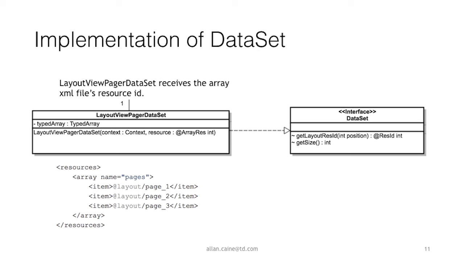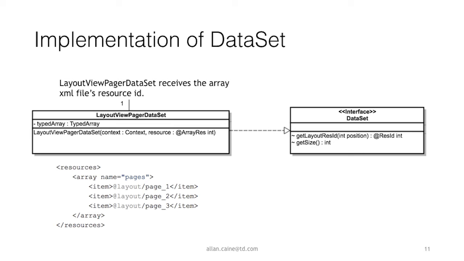When we look at the bottom layer, the LayoutViewPagerDataset, which implements this dataset interface, will concretely take a resource array, and it's just an integer, which is the integer that is allied to this array. And what will then happen is it turns out that it's a very easy business, given the context, for the pager dataset to convert this thing into what's called a typed array.